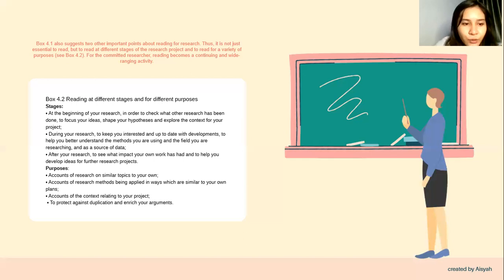During your research, to keep you interested and up to date with developments, to help you better understand the methods you are using and the field you are researching, and as a source of data. After your research, to see what impact your own work has had, and to help you develop an idea for a further research project.